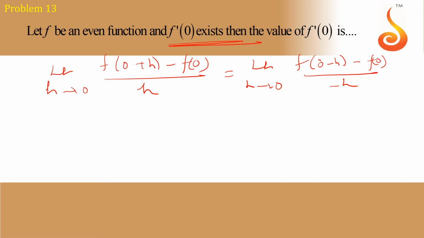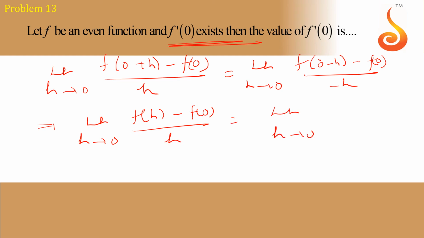Now this is nothing but limit h tends to 0 f of h minus f of 0 by h is equal to limit h tends to 0 f of minus h minus f of 0 by h. This minus I am putting here.